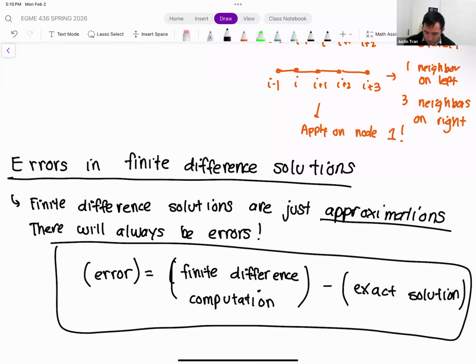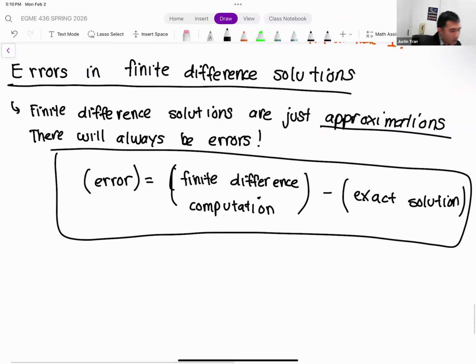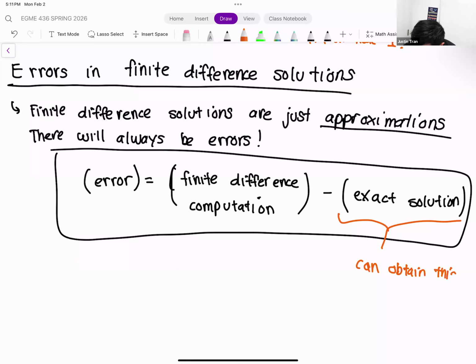Okay. So for simple problems, we can compute this exactly, because for simple problems, we're able to obtain the exact solution. In fact, for the example that we did earlier today, we found the exact solution to that problem in the lecture last time.